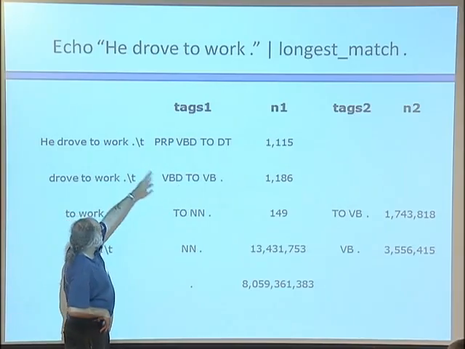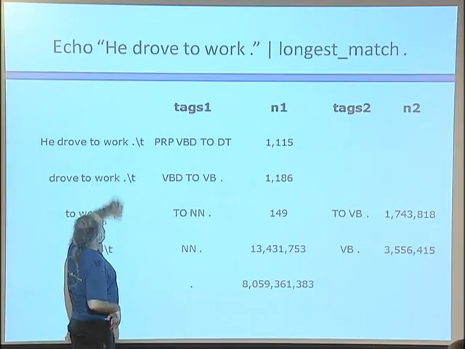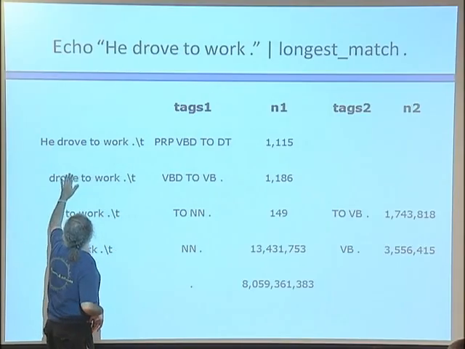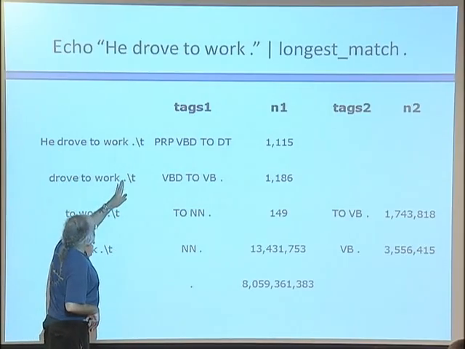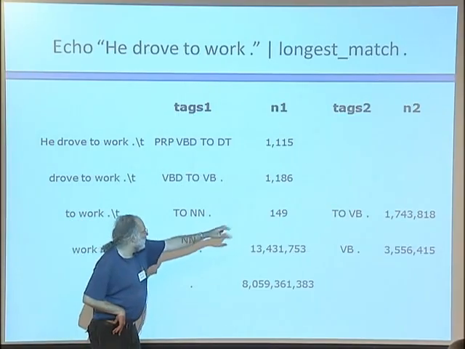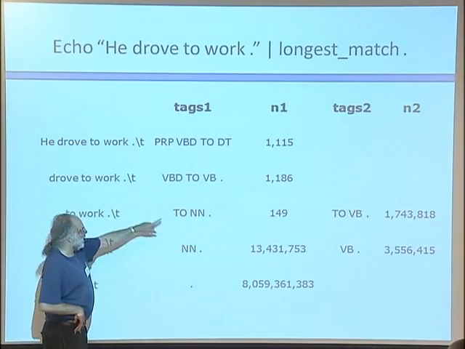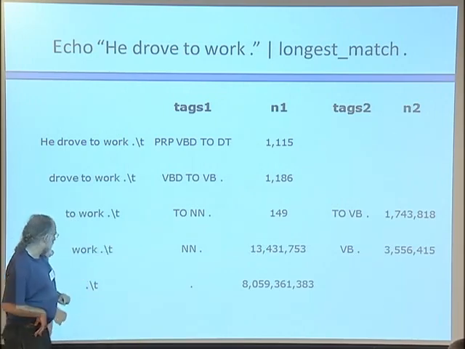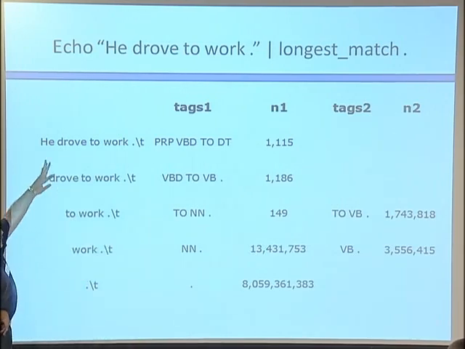I matched against something else because I didn't have exactly that in the Ngram corpus. Then I took this piece of it and entered it again, and I have a match. Here I've got a match where "work" is either a noun or a verb, with different counts, and so on. So you put in the one input and you get all of this data structure out.